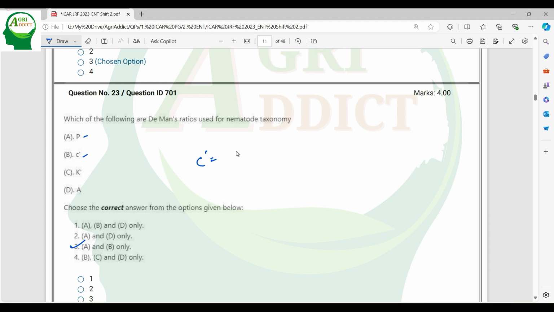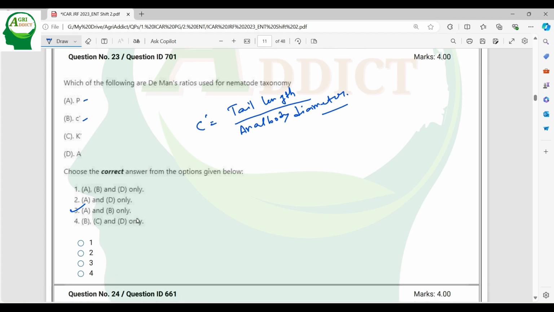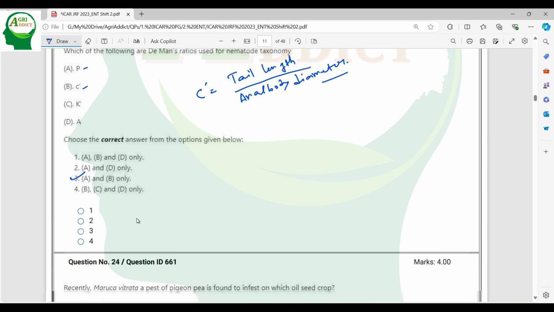It comes in the first strip paper also, that is tail length divided by anal body diameter. Okay, that is C dash, but I don't know what is P. So if anybody knows what is P, then comment it in the comment box.